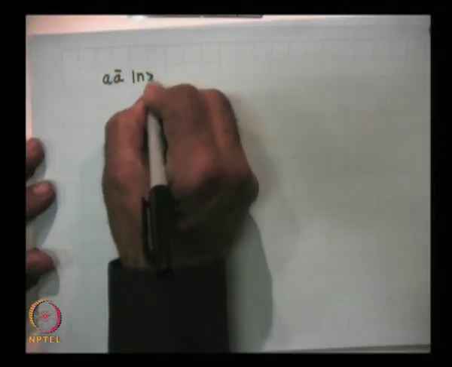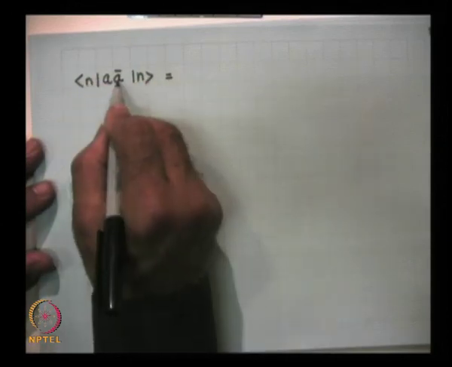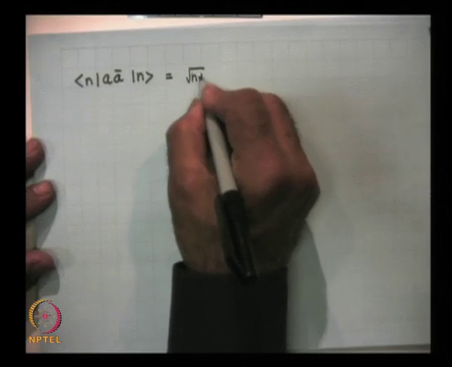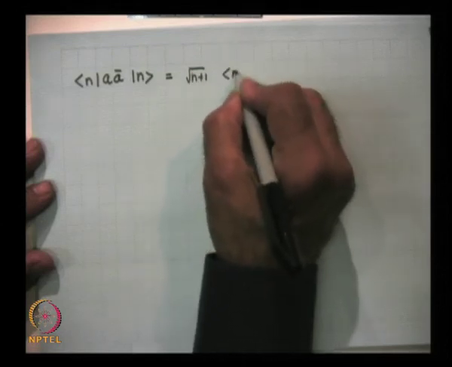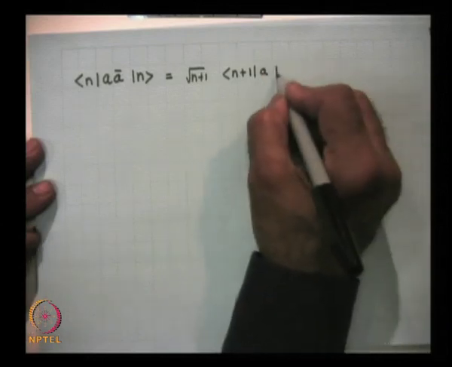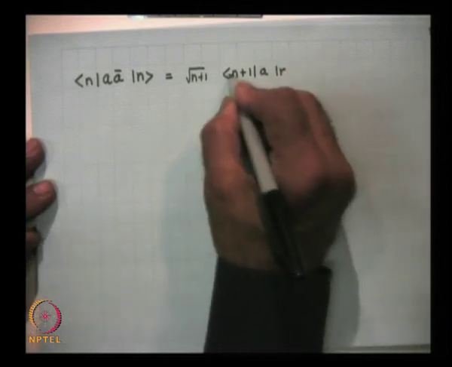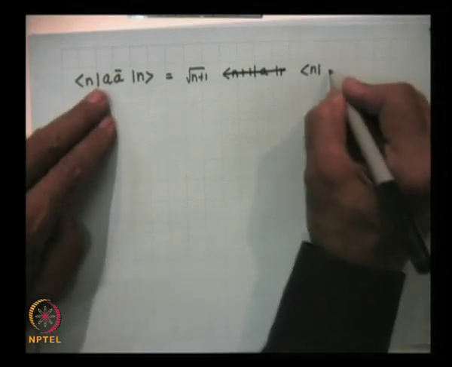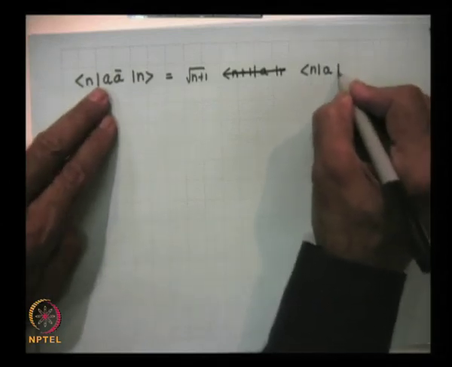So, we will have bra n a a bar ket n. So, this will be, please see, a bar ket n will be square root of n plus 1, ket n plus 1. It is really very simple. So, this is bra n a ket n plus 1.